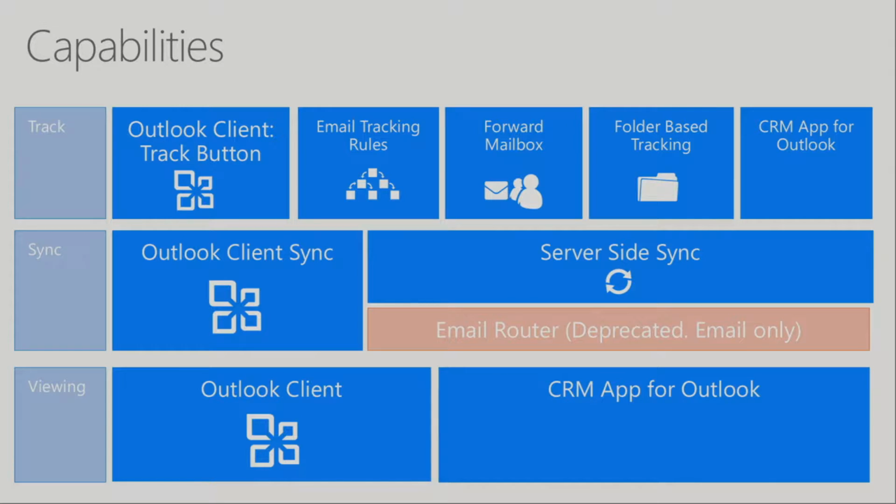But the other one, and more of the future of the equivalent of our Outlook client, is the CRM app for Outlook. This is using a newer mechanism from the Exchange team and the Outlook team, which lets us embed capability like we used to for the Outlook client, but into a variety of different applications, from the OWA web app to the thick client Outlook app, to Outlook.com, to Outlook on your phone, Outlook on your Android device.